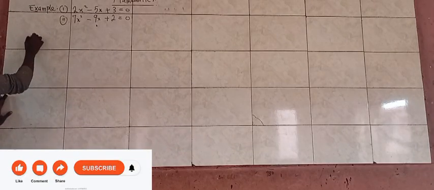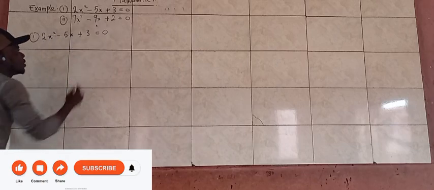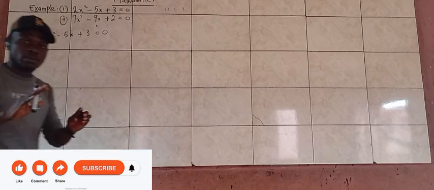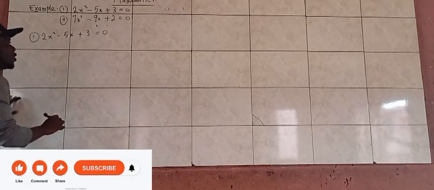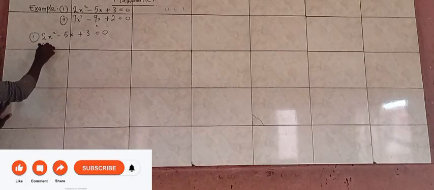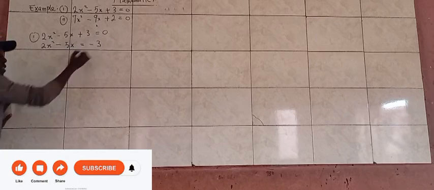I have number 1: 2x squared minus 5x plus 3 equals 0. Do not forget the same process I led you through while I solved the completing the square method. Just follow the same process. So what do I have? I'm going to be having 2x squared minus 5x equals minus 3.